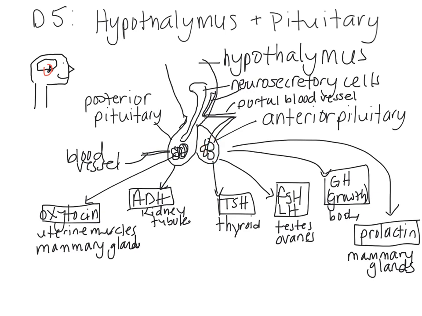Those cells in the anterior pituitary produce their own hormones, which then leave, and I guess I could draw this in, through their own blood vessel. So it's a good idea to also know some examples of hormones that belong to each one of them.